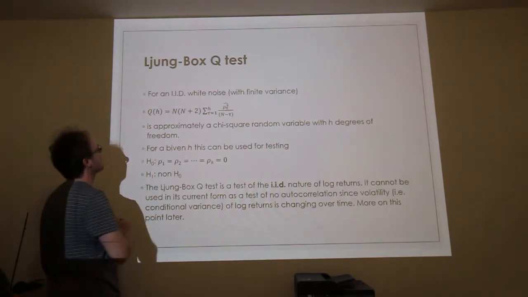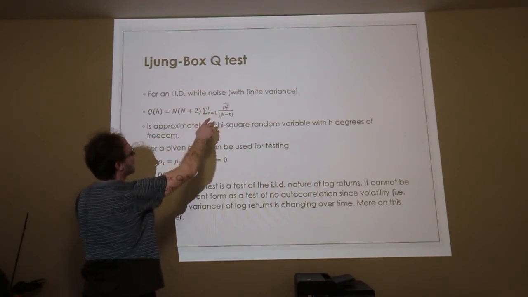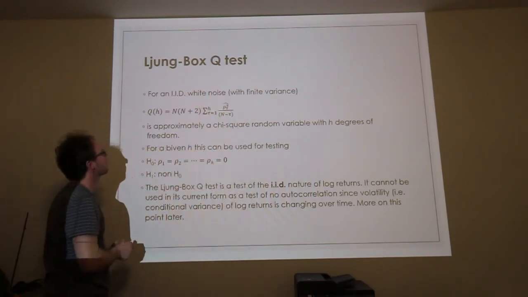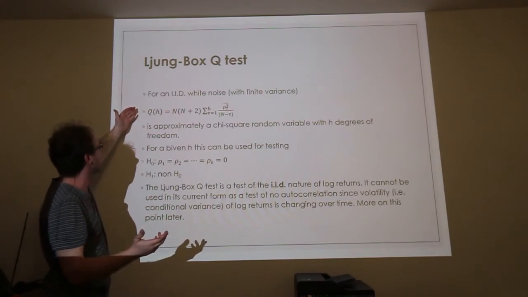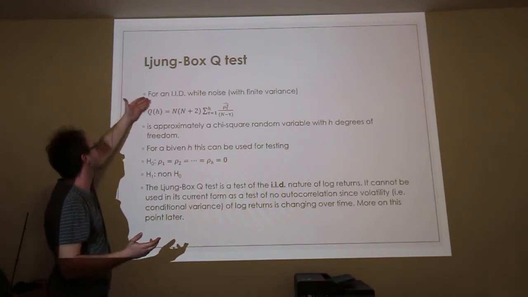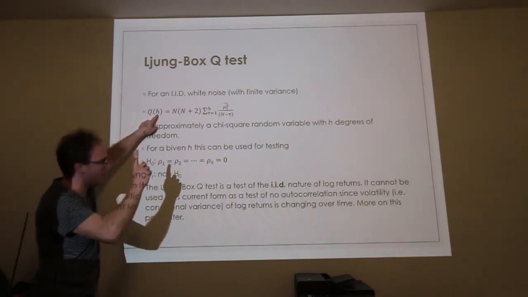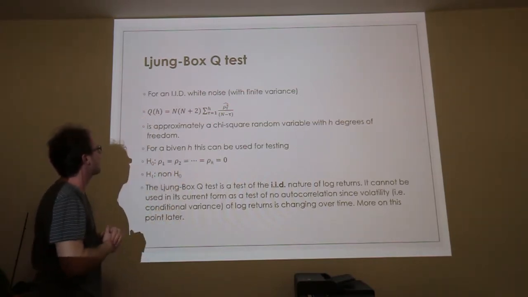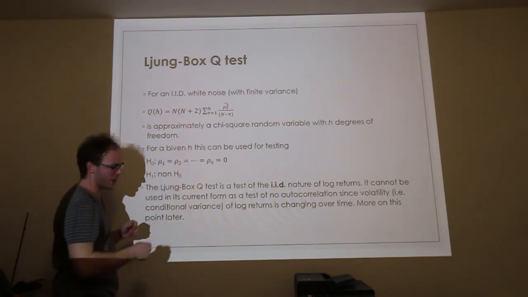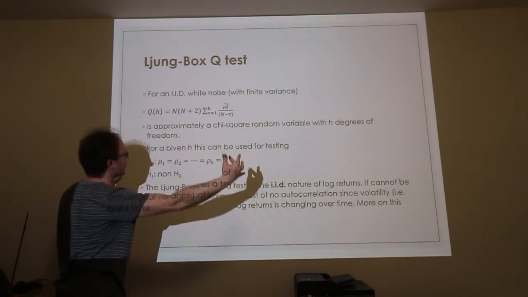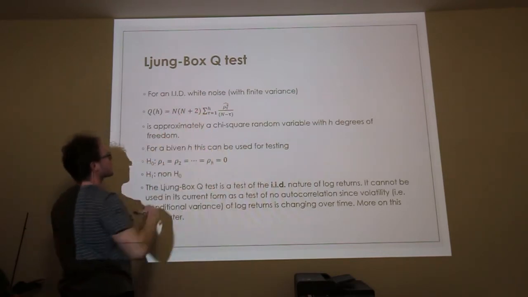There is a formula written for white noise with finite variance. It's possible to calculate this Q statistic for the lag h. The Q statistic for lag h is equal to n, the sample size, the length of our time series, times n plus 2, the size plus 2.